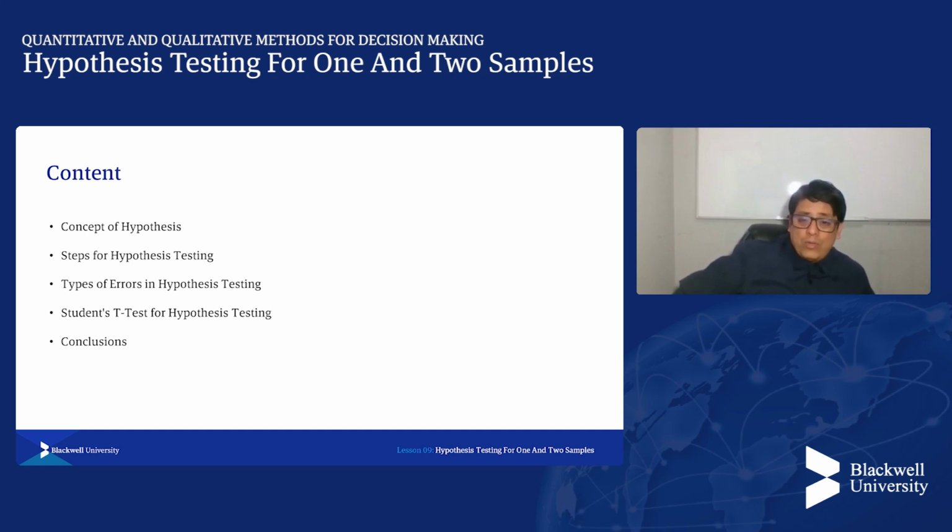Next, we will review Student's t-test for hypothesis testing, which will mainly refer, for example, to the mean or the difference of means, whether for groups that are paired or independent. And we'll conclude with the insights from the session. Well, having mentioned all this, let's get started.